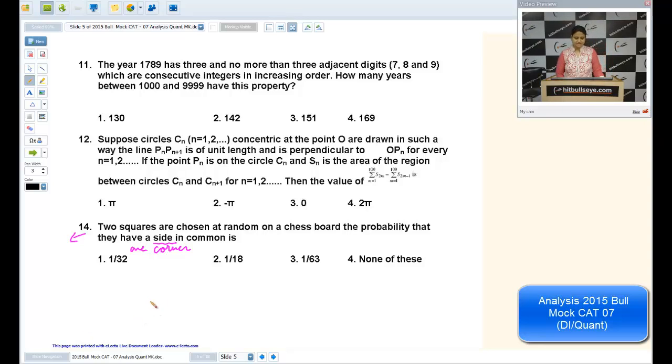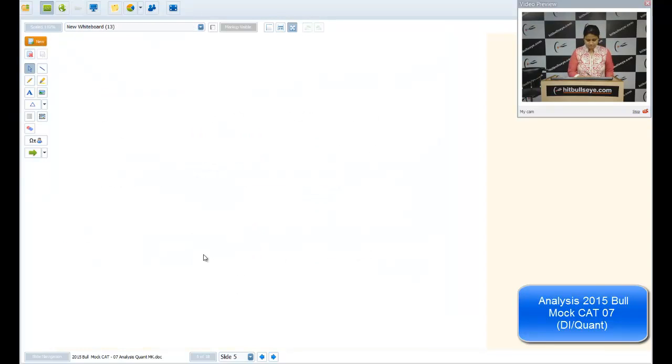The year 1789 has 3 and no more than 3 adjacent digits, 7, 8, 9, which are consecutive integers in increasing order. You can see here 789, they are consecutive integers in increasing order. How many years between 1000 and 9999 have this property? We need 3 consecutive integers.